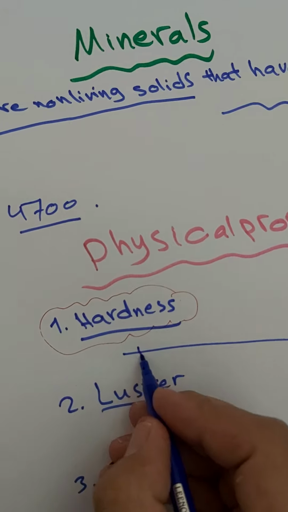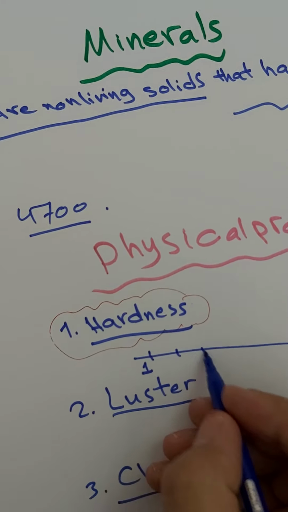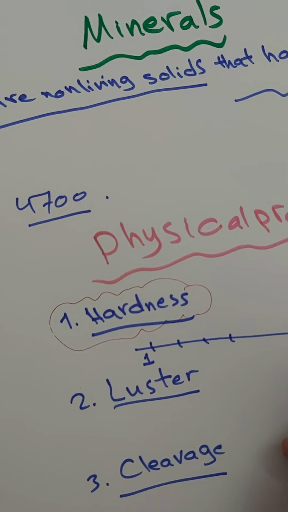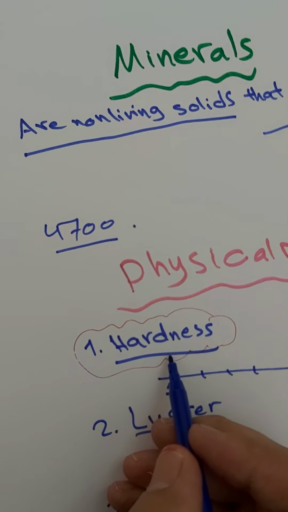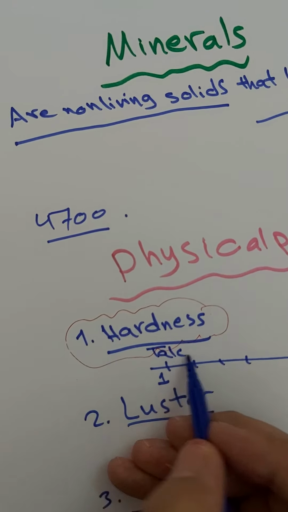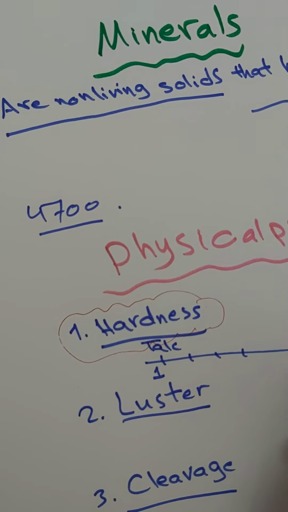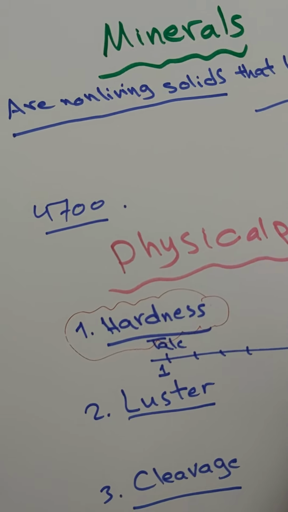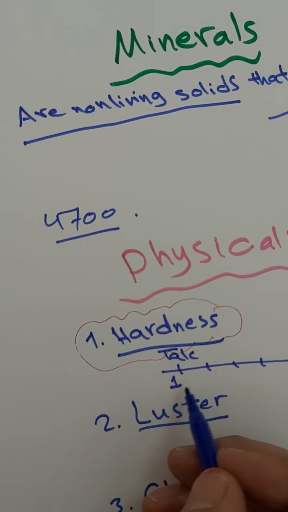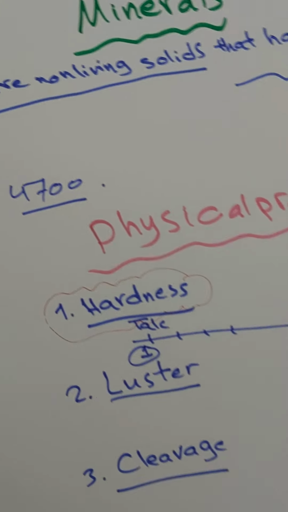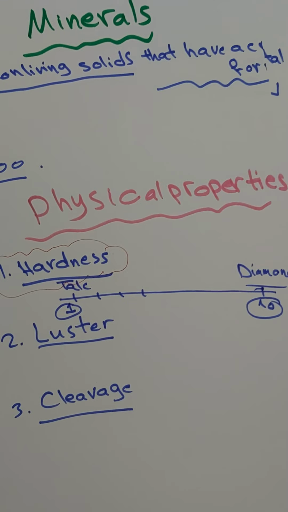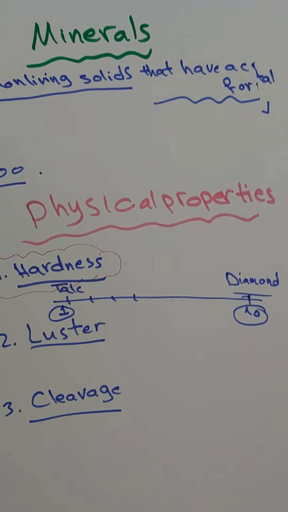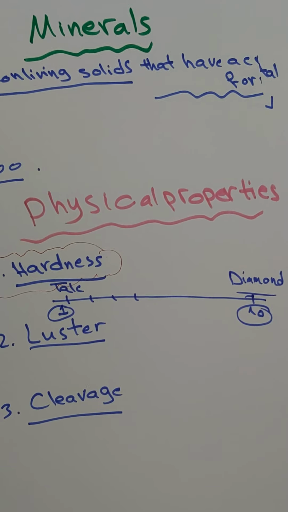So, this scale includes 1, 2, 3, 4 till 10. Okay? And here we can see talc and the last one, diamond. So diamond has 10 in this scale and talc has 1. So diamond has the highest hardness and talc the lowest.